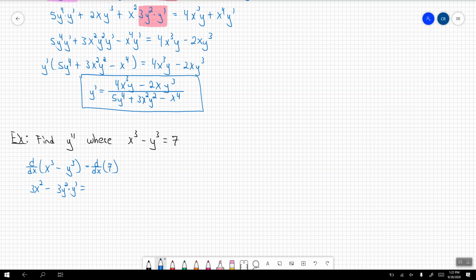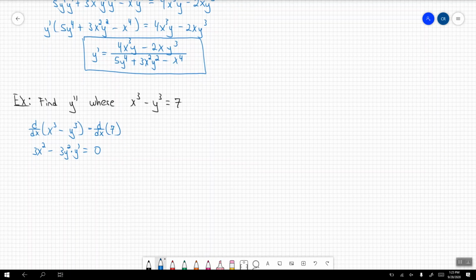Again, making sure we account for that chain rule. And if we solve here for y prime, then what we're going to get is that y prime will be equal to, let's see, move that over to the right side, that's going to be negative 3x squared. Negatives will cancel, 3's will cancel, and we're going to be left with x squared over y squared.